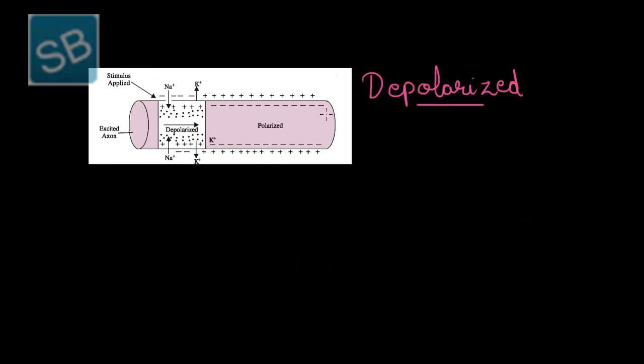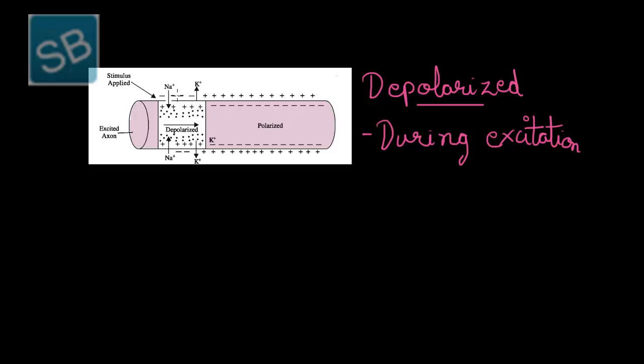This figure depicts the depolarized stage of the nerve fiber. As can be seen from the figure, during the excited stage of the axon, the Na plus ions which were present outside the plasma membrane move to the inner side of the plasma membrane, and the K plus ions, that is potassium ions, which were present on the inner side, move towards the outer side.